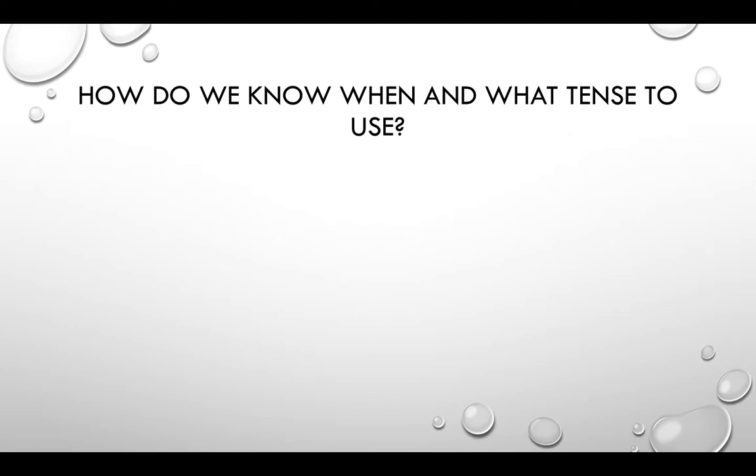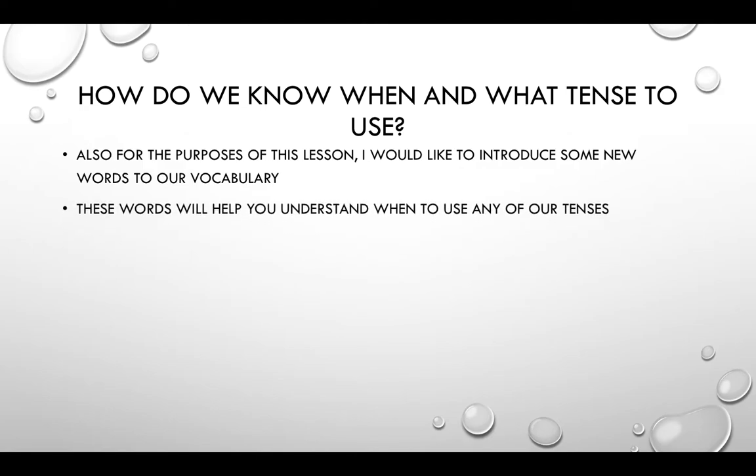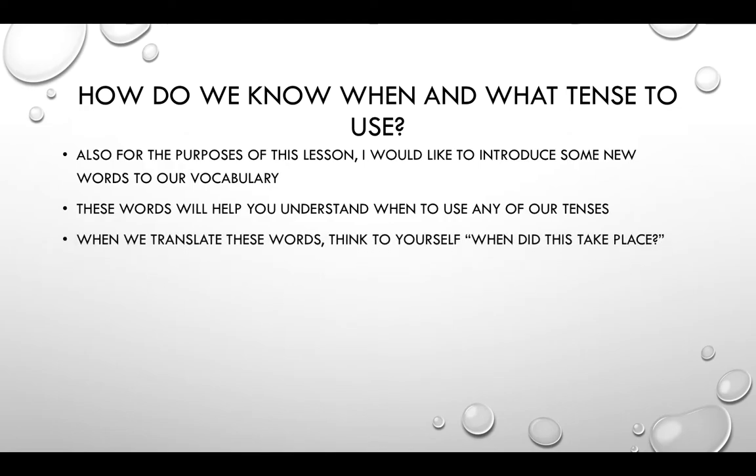How do we know when and what tense to use? Also, for the purposes of this lesson, I would like to introduce some new words to our vocabulary. These words will help you understand when to use any of our tenses. When we translate these words, think to yourself, when did this take place?